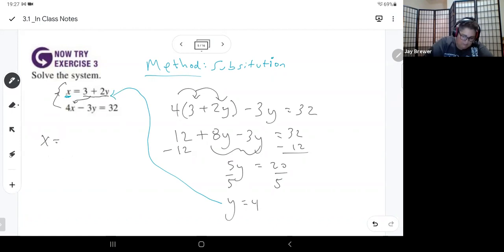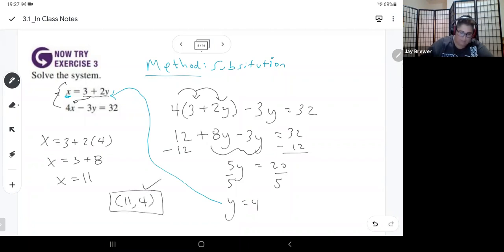So we'll have x equals 3 plus 2 times the 4 now. 3 plus 8. Okay, so your overall answer should be a point. So it should look like this.